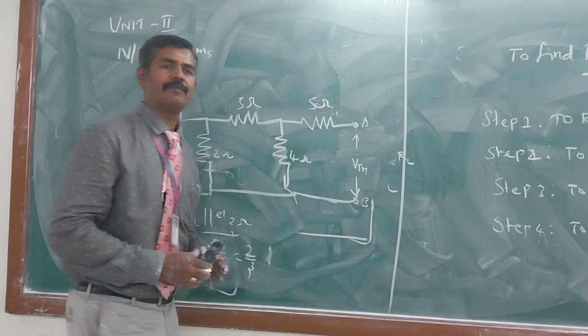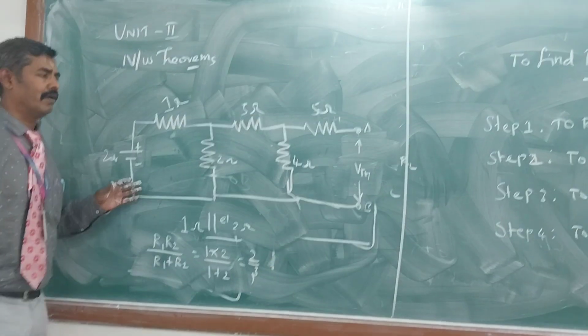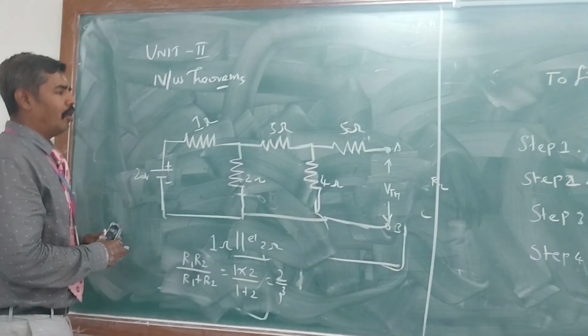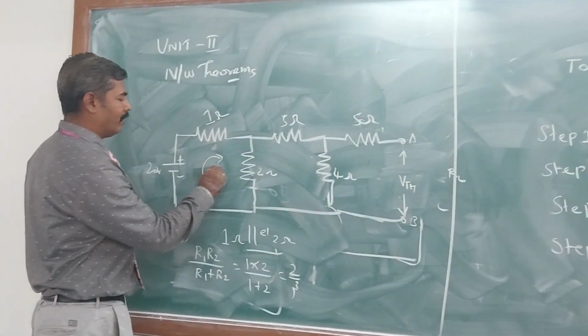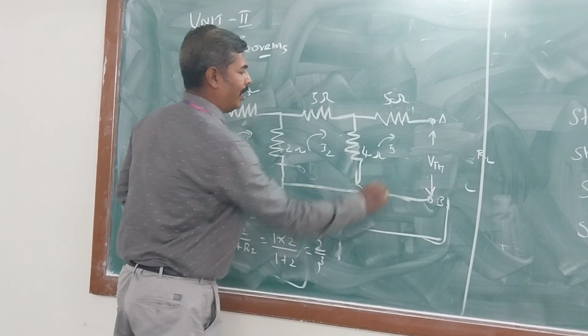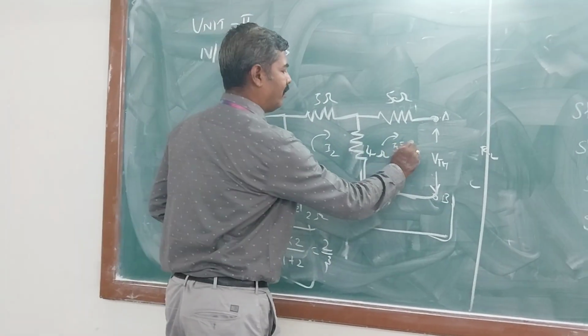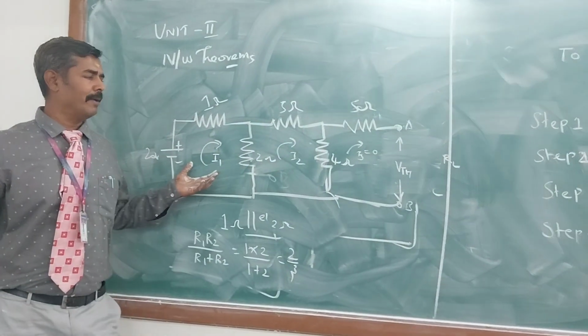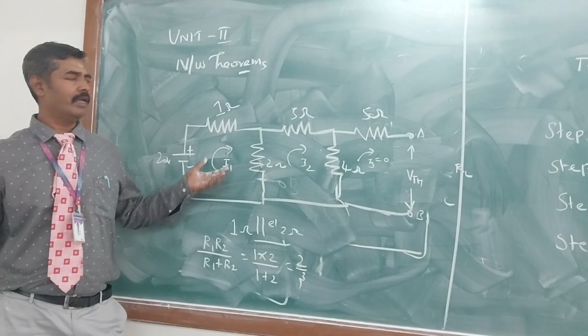That is our aim. How will you find this? You can apply mesh current analysis. How many loops can you see? This is I1, this is I2, this is I3. I3 will be open circuit, so I3 will be 0. To calculate I1 and I2, applying mesh current analysis you will get two equations.